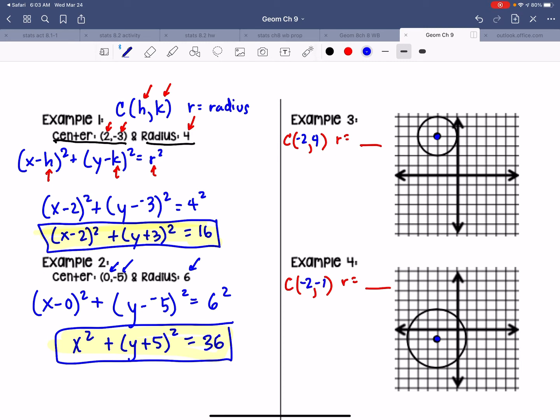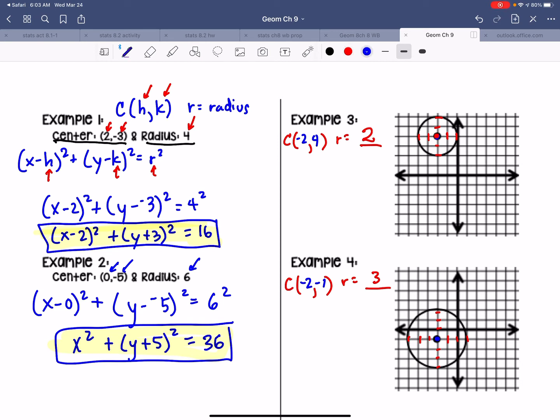Now let's see if we can find our radius. It looks like they went right 2, left 2, up 2, down 2, definitely radius 2. And for this one we went right 3, up 3, down 3, definitely radius 3. So can we write the equations of these? Absolutely, just using our examples 1 and 2.